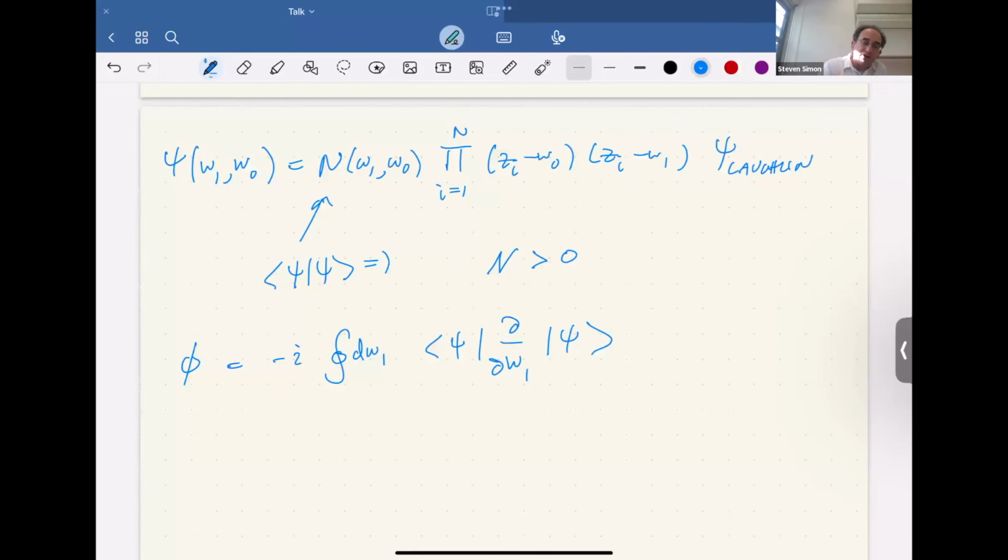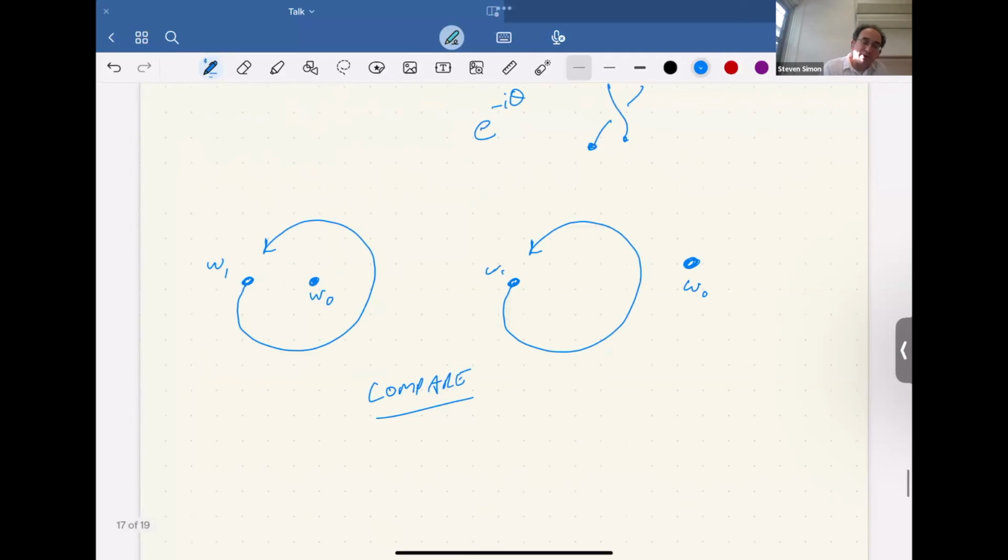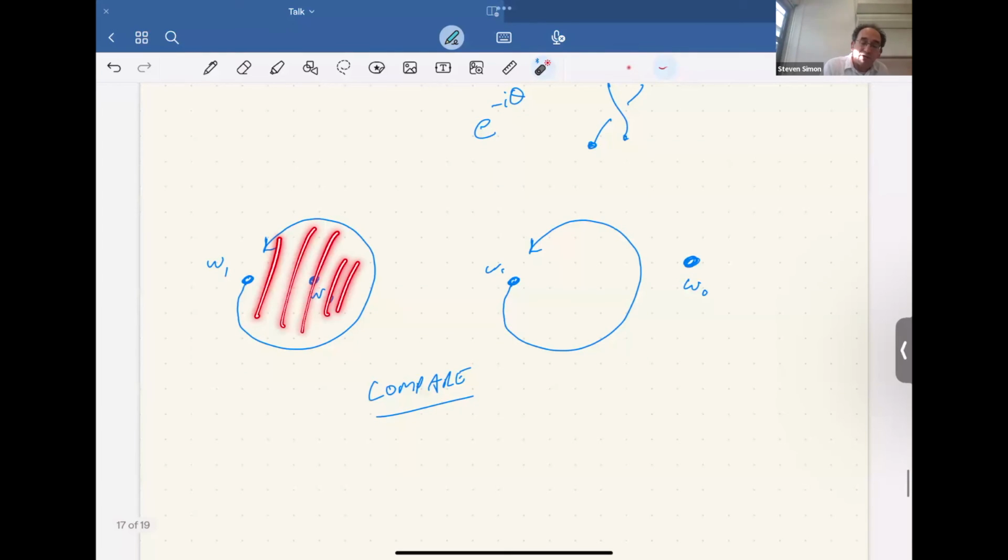It will have a contribution just associated with the fact that I'm surrounding a lot of electrons there. That will be geometric. But the fact that I surrounded this guy is topological: either I went around this point or I didn't. The fact that it went around a certain area is geometric, whereas the fact that it went around a quasi-particle is topological. And the Berry's phase will include both the geometric contribution as well as the topological contribution.